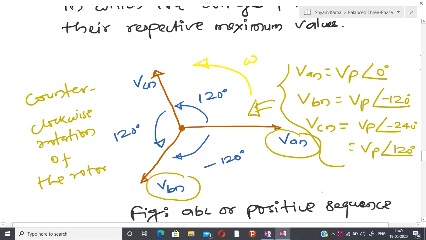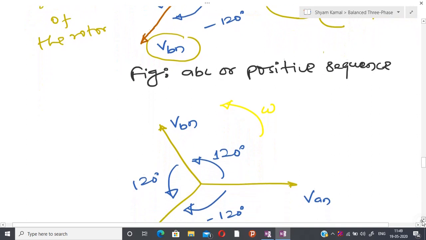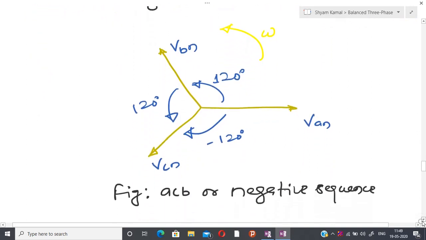Now let us see what the situation is if the rotor rotates in the clockwise direction.